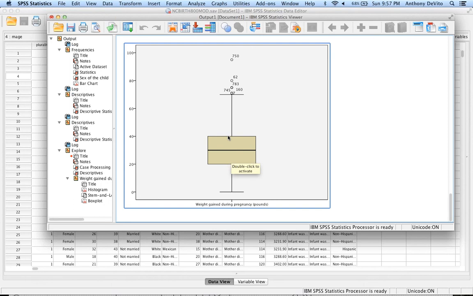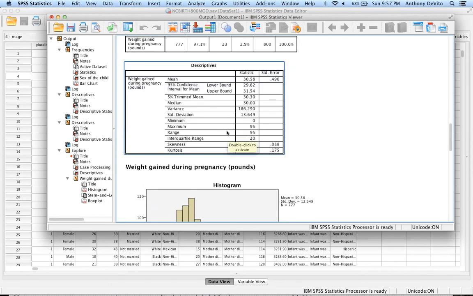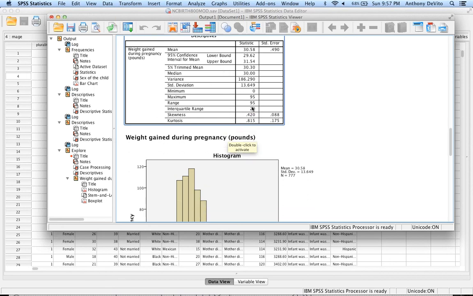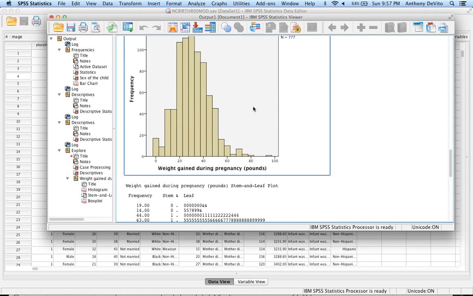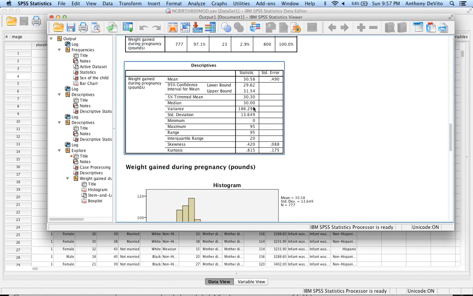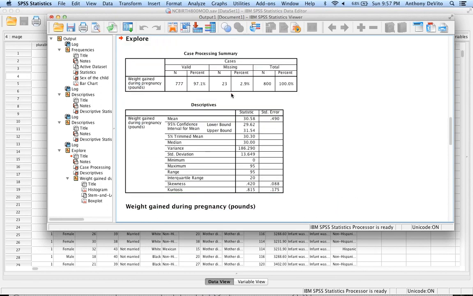You can actually see what those numbers actually are, right? 25th percentile. We have it here. Interquartile range is 20. No, it doesn't show the percentiles. Did we ask for the percentiles? I'm not sure. I think we might have. Here we go. Let's see.